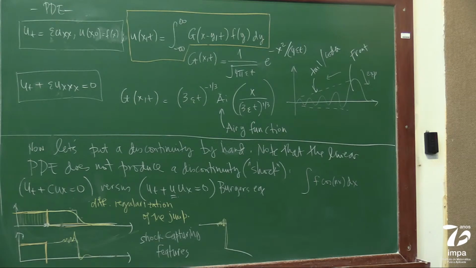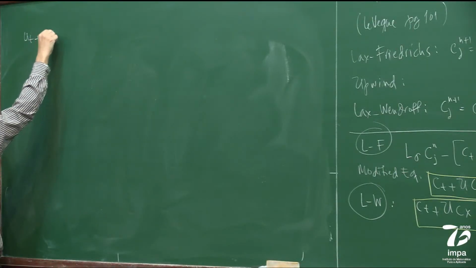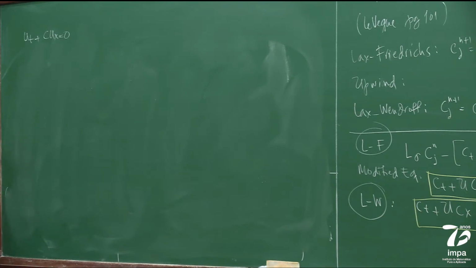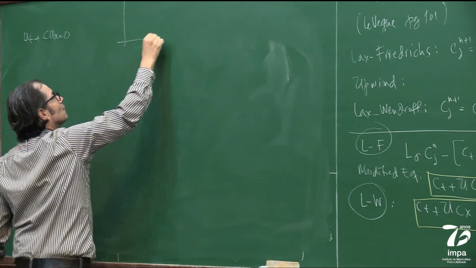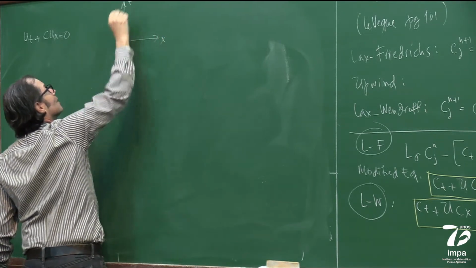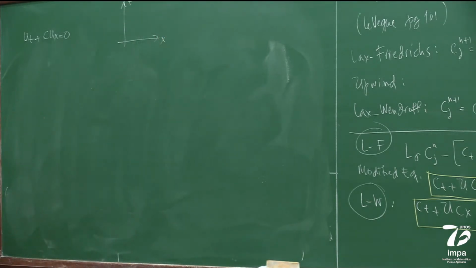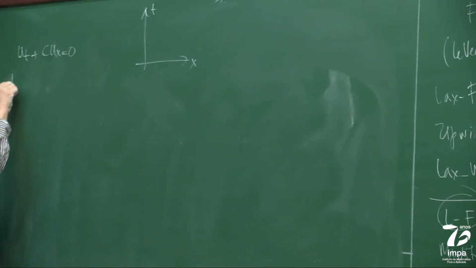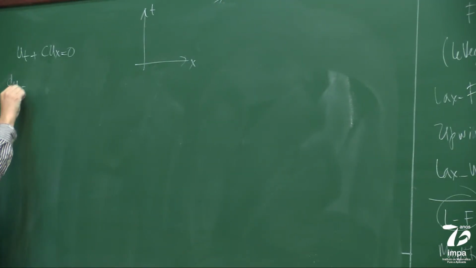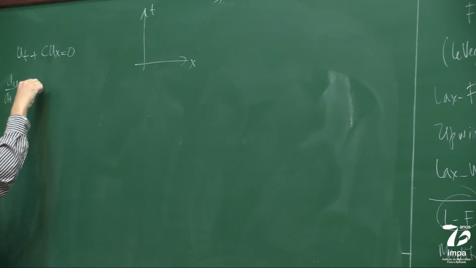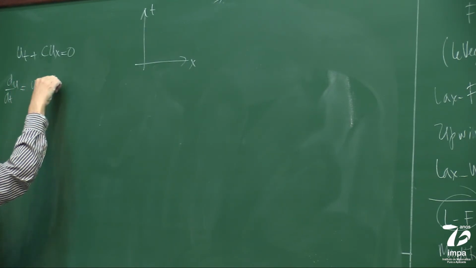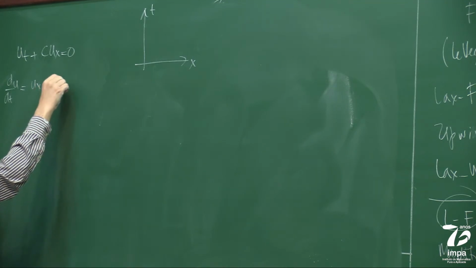u_t plus c u_x equals 0, okay? So what we're thinking is that we have here x, we have here time. It's not numerical, right? But we saw by inspection last time that I can write this. This is just the chain rule.